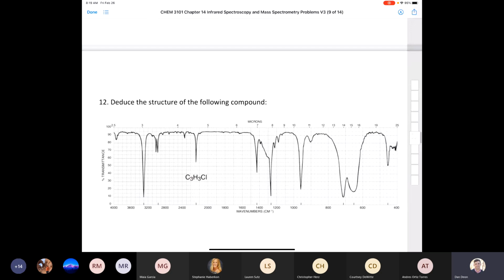It says deduce the structure of the following compound. Notice that we've been given a nice infrared spectrum, and then we have a molecular formula here. So if this is our molecular formula, I wonder if anybody could tell me the number of units of unsaturation, the HDI, the hydrogen deficiency index, in this molecule.